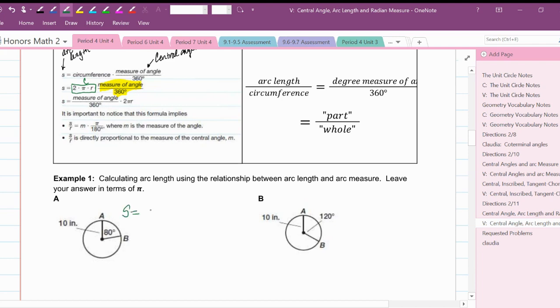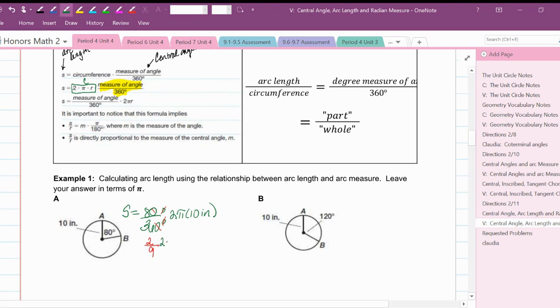So I have my arc length is 80 over 360, 2 pi radius 10 inches. You notice these degrees are going to cancel out. I can take out that factor of 10. And I can take out a common factor of 4. So that would be 2 times 4 and 4 times 9.